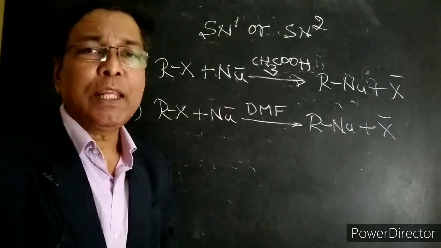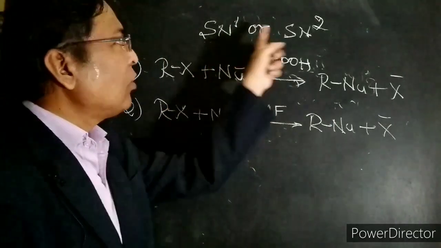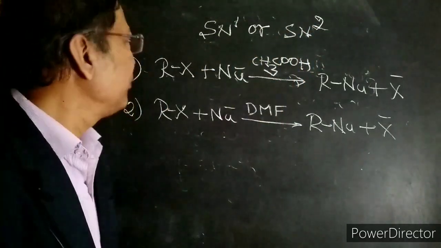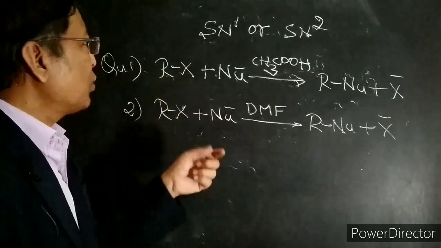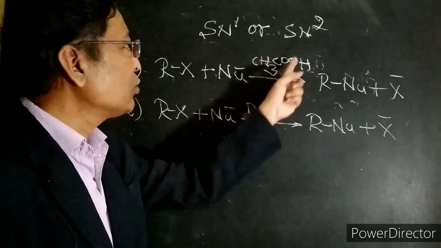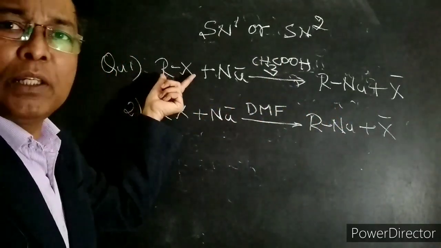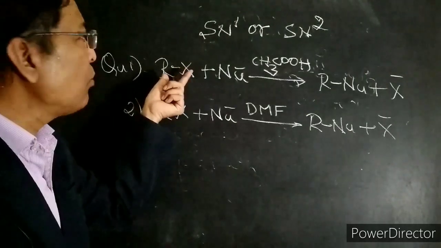Now we will take two questions, whether the reactions follow SN1 or SN2 mechanism. If we see the first question, here alkyl halide is given and nucleophile, and the solvent is acetic acid. Here we don't know whether the bulkier groups are present on the carbon atom or not.